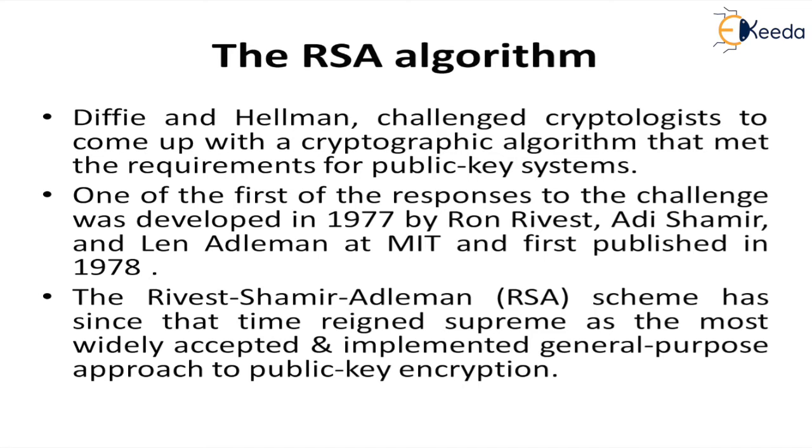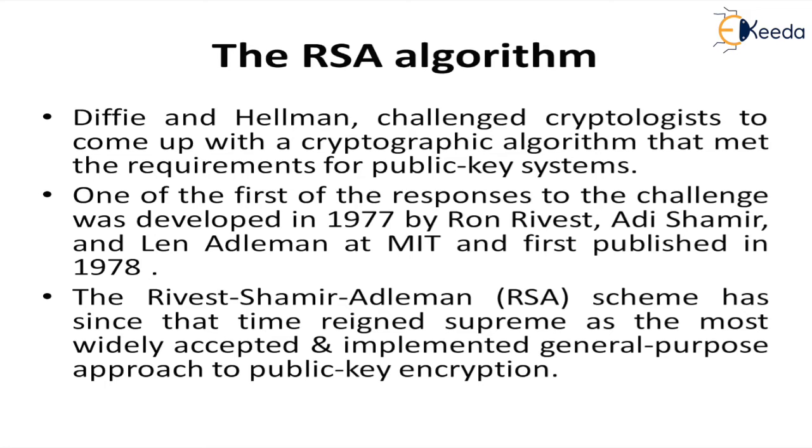Diffie and Hellman were the two researchers who challenged cryptologists to come up with a cryptographic algorithm that met the requirements for public key systems.